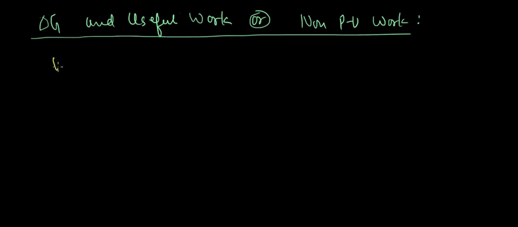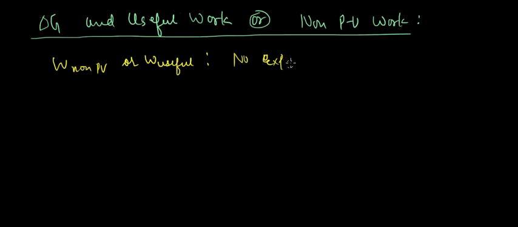So we can write non-PV work as W non-PV or W useful. In non-PV work or useful work, no expansion or compression is involved.